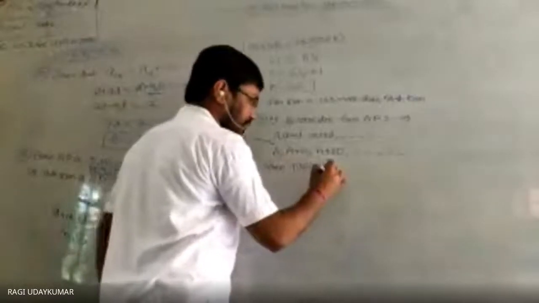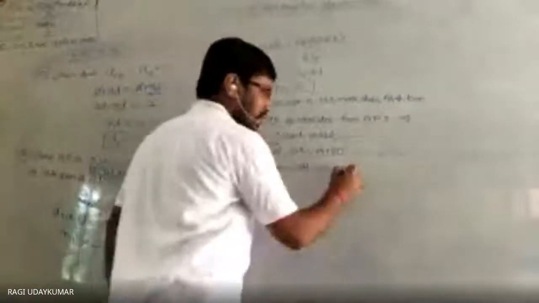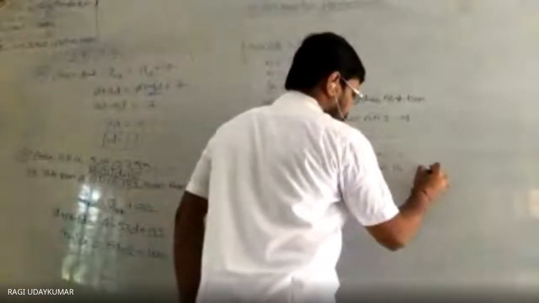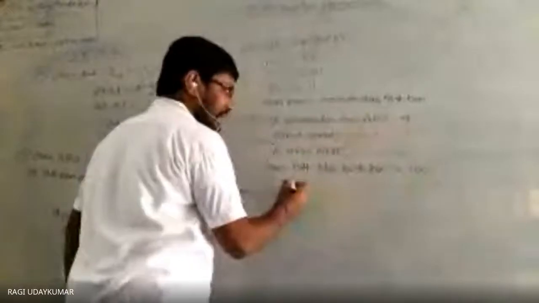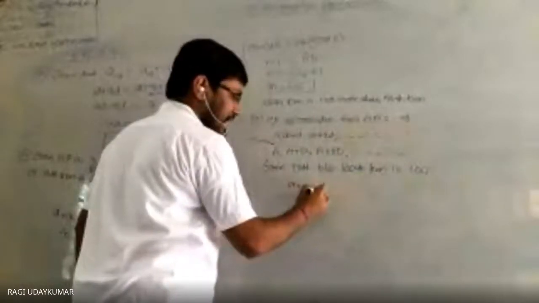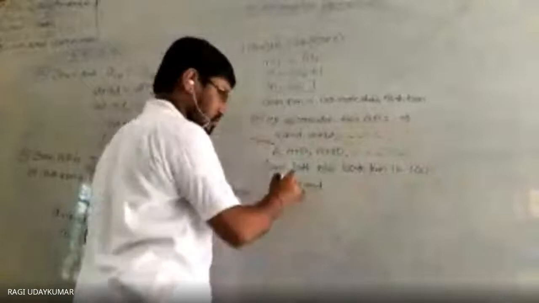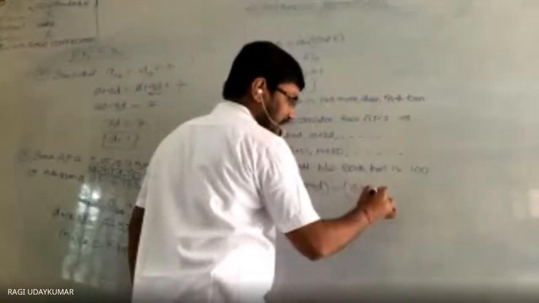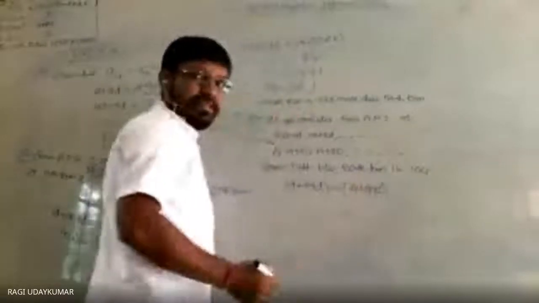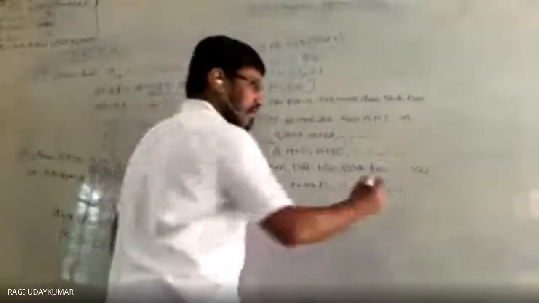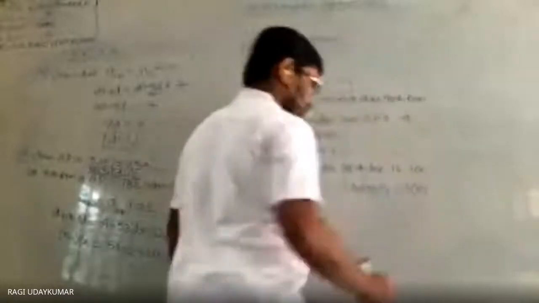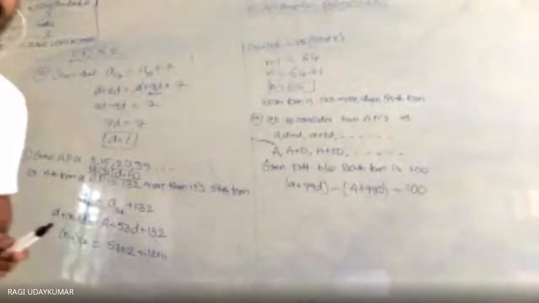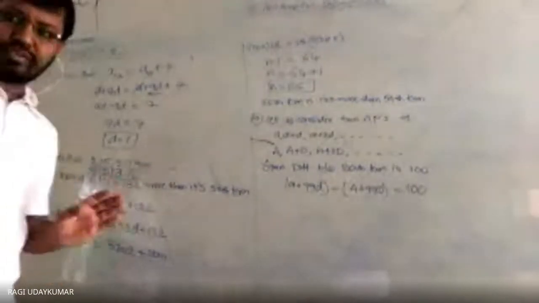So in this one the 100th term will be written as a plus 99d, minus, in this one the 100th term will be written as capital A plus 99 capital D, is equal to 100. This is the thing here. The difference between the 100th terms is 100, it is given. Usually you will do it like this only, no?